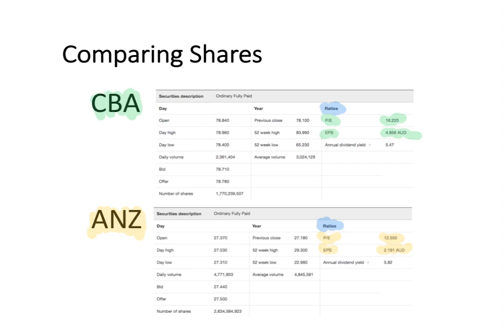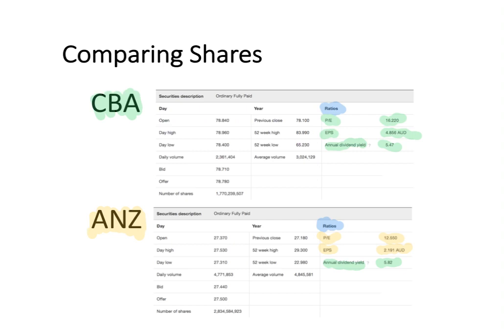So although you might be earning less in ANZ shares, you're paying a lower multiple for those shares compared to those earnings. And you can also compare the dividend yield, and you can see that CBA has a dividend yield of 5.47 and ANZ's is 5.82. So very similar in the dividend yield.